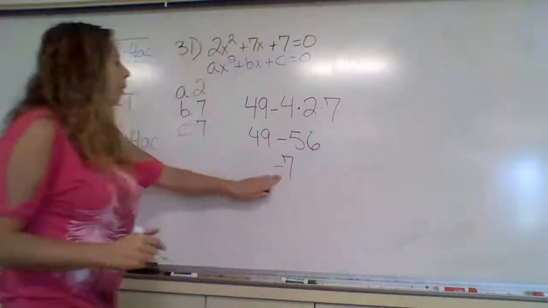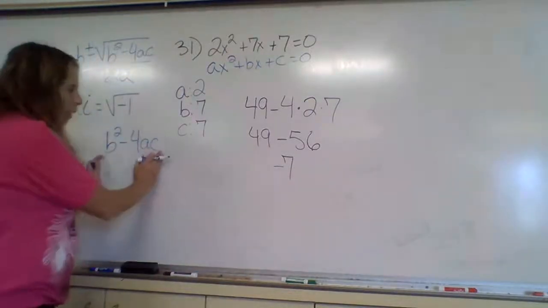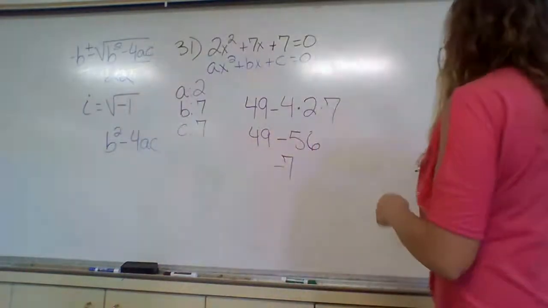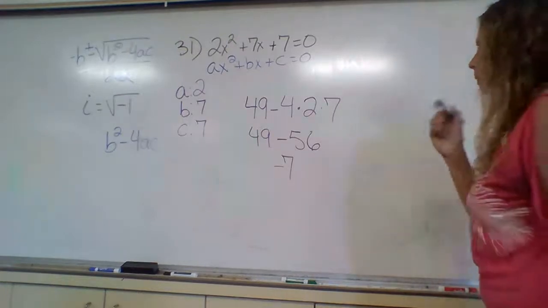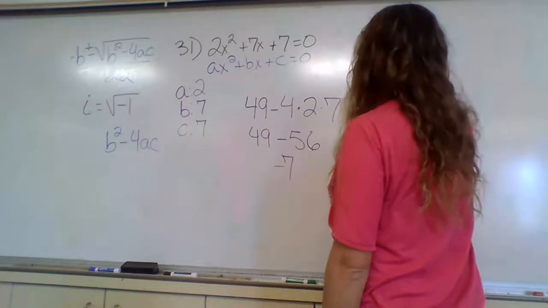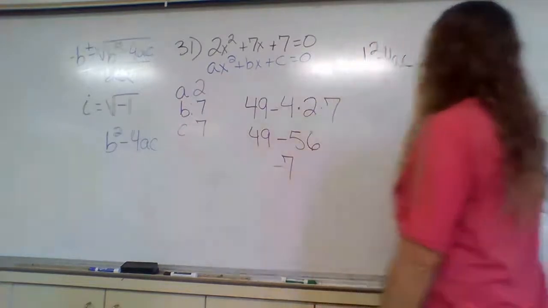Anyways, it's negative. So if your discriminant is negative, then it is imaginary. So B squared minus 4AC, that's your discriminant.